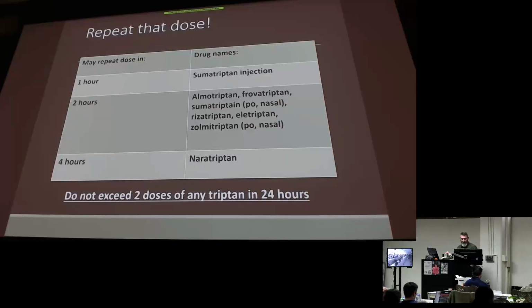All right, so no more than two doses of any triptan. And I wouldn't go mixing them up, though, right? If you give one dose of one, then use the same medication for the second dose if you give it. Now, if they don't respond, now we're getting into clinical management. We can switch triptans, but I wouldn't be playing that game during an acute headache on the same day, right?